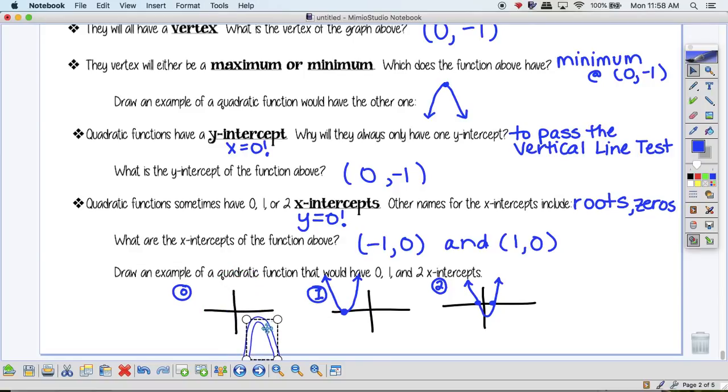If I flip this right now, this does not have any x-intercepts. So that is an example of a quadratic that has 0 x-intercepts. In this class, most of our quadratics are going to have 2 x-intercepts, but as you move up in your math classes, you're going to look at more that have 1 or 0 x-intercepts, especially in Math 2.